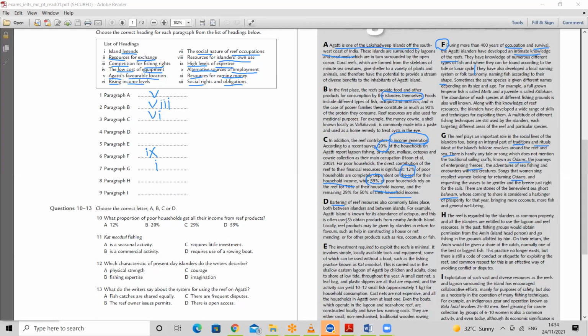So probably this means there is an exchange of products between the islanders and the islands. Now it talks about resources and then the exchange, or the barter. So the best answer should be number 2 for paragraph D.